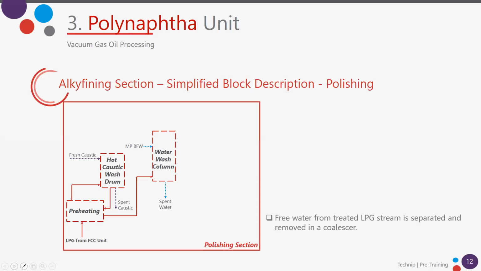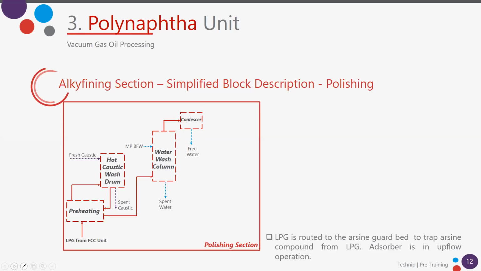So we will have some free water that we will separate in the equalizer. Here we will have some free water removed, and then we will send this stream, from which we have removed all these compounds in this hot caustic and water wash, to this arsine guard bed, okay, where we will remove this arsine.